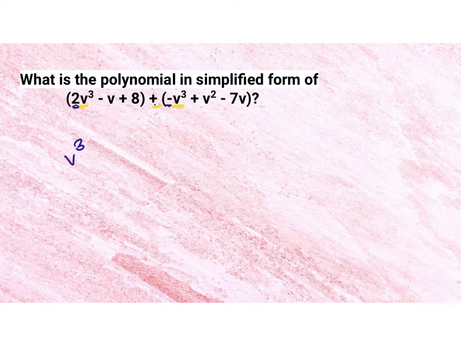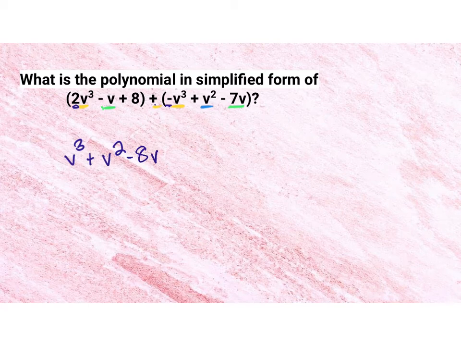Next, I'm going to look for any of the v squares. We only have 1. So I can just write that as a positive v squared. Next, I'm going to continue and go in order from largest to smallest of my degrees. So next, I'm going to take a look at my v and v. And so I'm going to combine a negative 1 and a negative 7, and that will be a negative 8v.